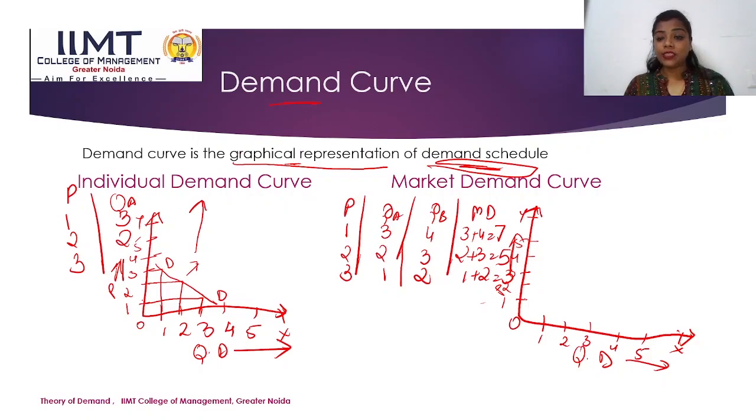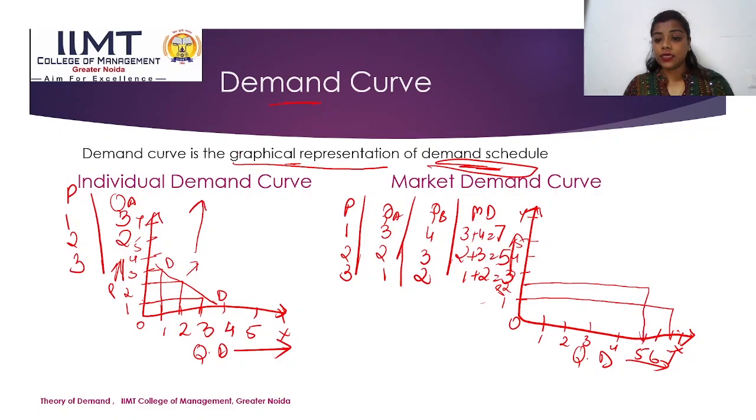So at price 1, the market demand is 7. So we have to have 7, right? At 1 it is 7. At 2 it is 5.